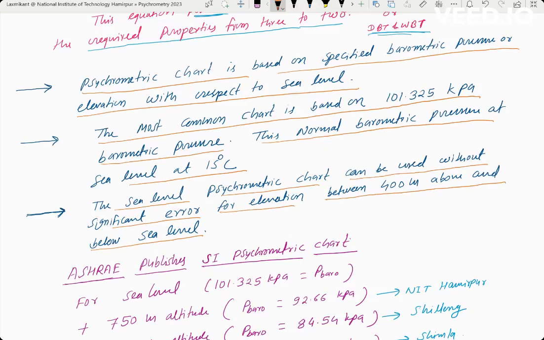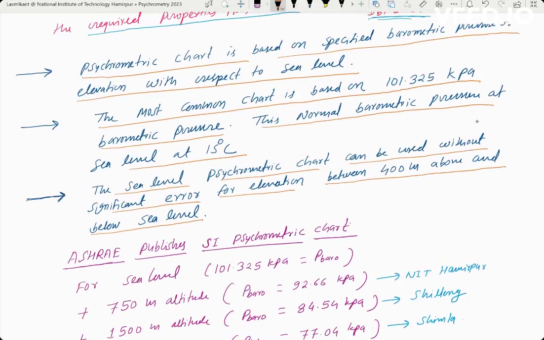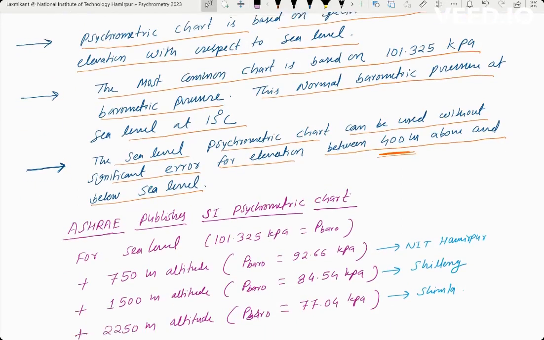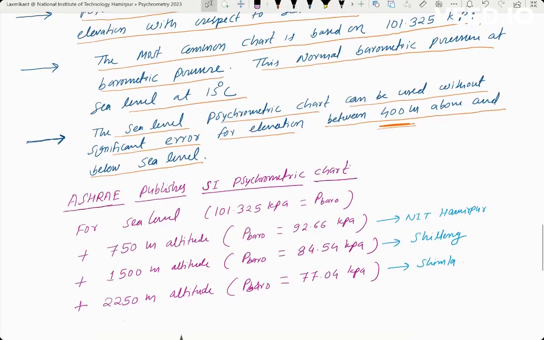The approximate height of NIT Hamirpur from sea level is 800 meters, and if we use the sea level psychrometric chart, which is based on 101.32 kilopascal, to find the properties of moist air at NIT Hamirpur, then this will give significant error. So we can use the chart up to 400 meters above or 400 meters below sea level. So this is the one point that I am giving.